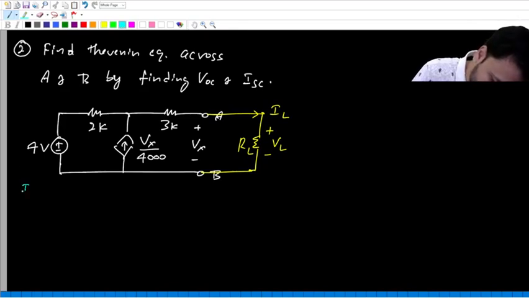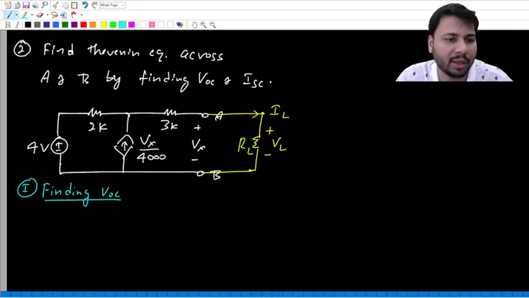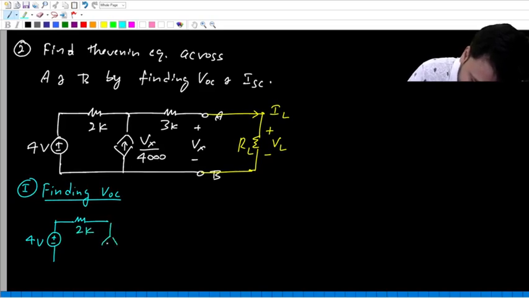So number one is finding VOC. What is VOC? It is the open circuit voltage across the load. Four volts. Then we have 2K. Then we have Vx by 4000.